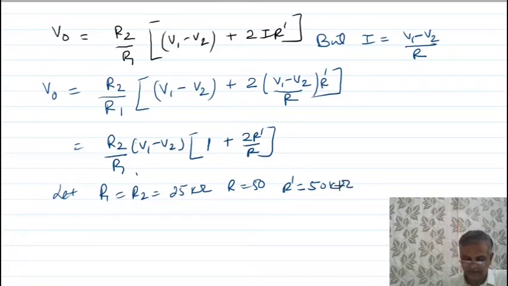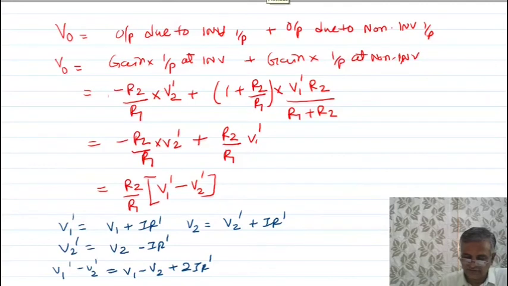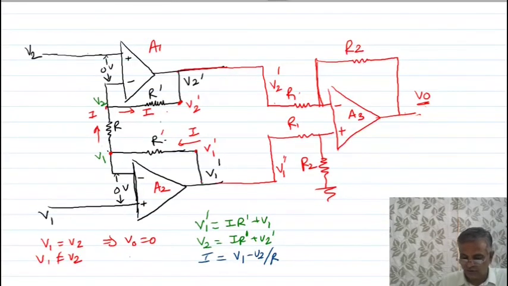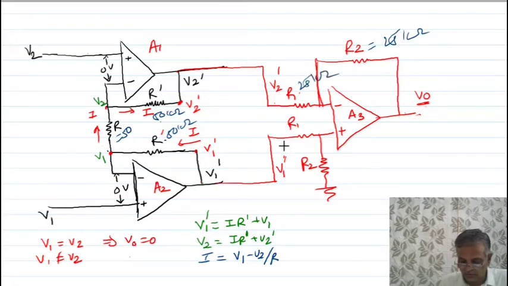I am showing you in the circuit. This is your R dash, 50 kilo ohm. This is your 50 ohm. This is 50 kilo ohm. This is with 25 kilo ohm I have taken.